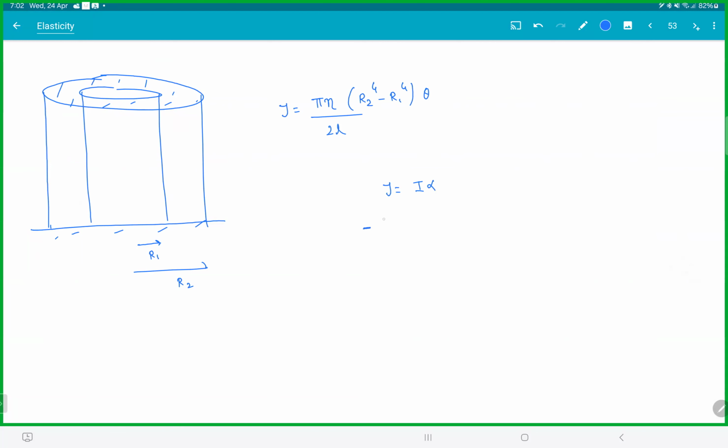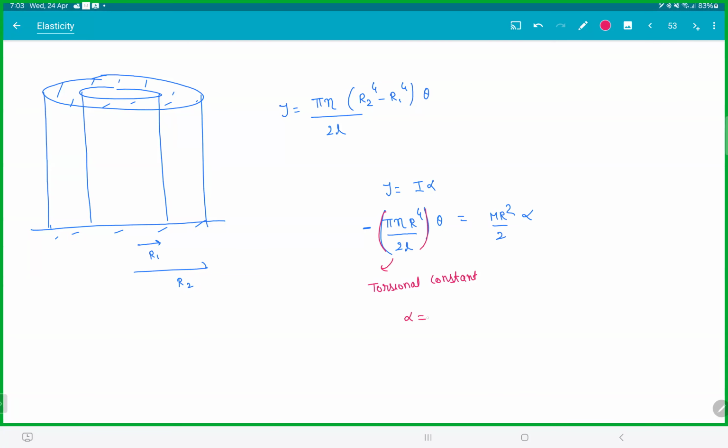So that basically is the torsional constant. Pi eta R power 4 by 2L theta is I alpha is mr square by 2 alpha. In a torsional pendulum, this is called the torsional constant K. This is how it was derived. I told you we'll prove it here.